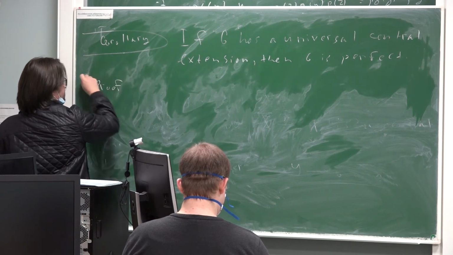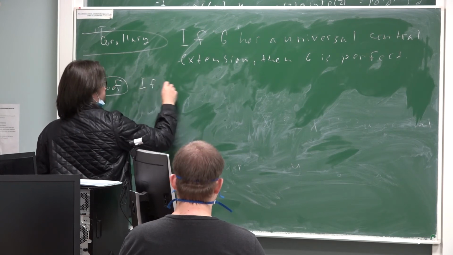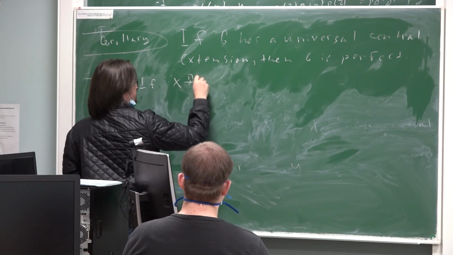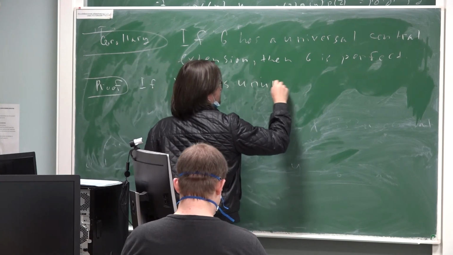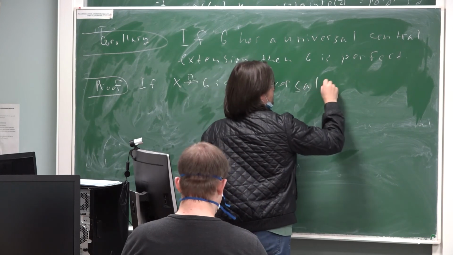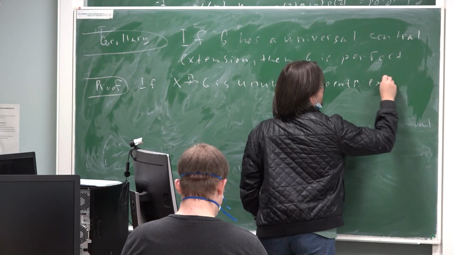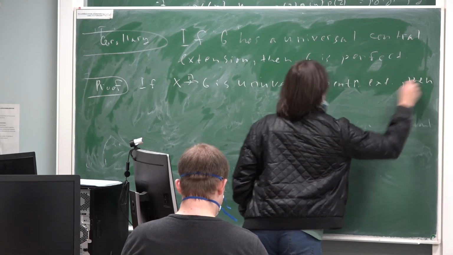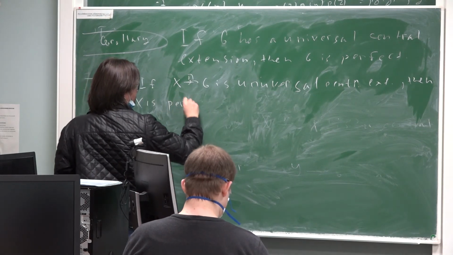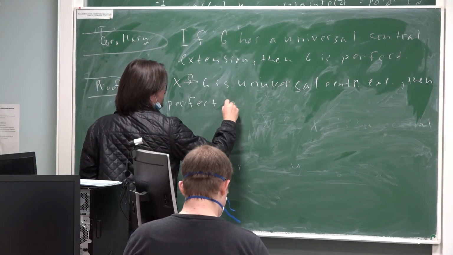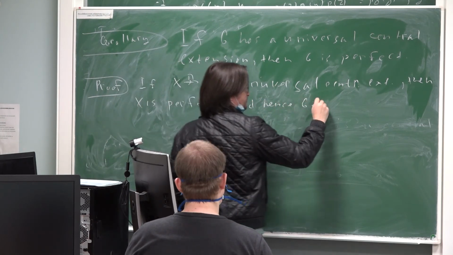So it follows from the first part of our theorem: if X, pi, G is a universal central extension, then X is perfect, and hence G is perfect.